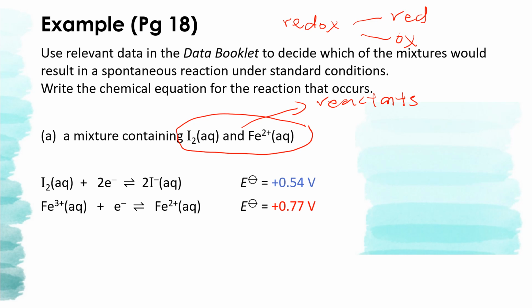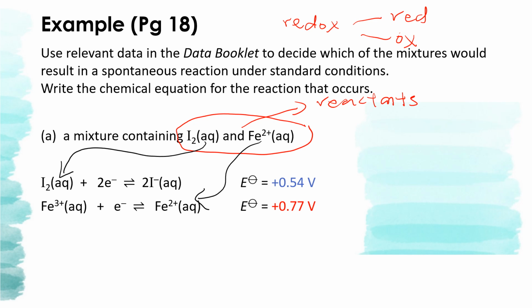One of these species must be undergoing reduction, and one of these species must be undergoing oxidation. Then together they can become redox. So if you look at the two half equations here, one of them appears on the left hand side, the other appears on the right hand side.